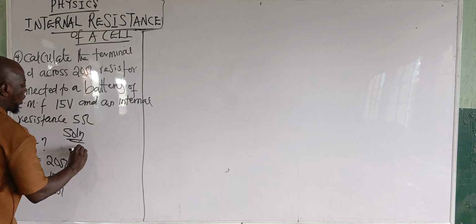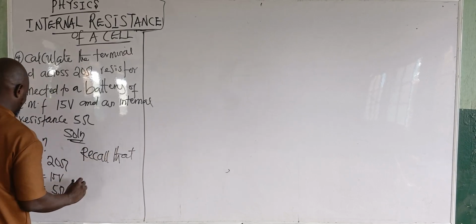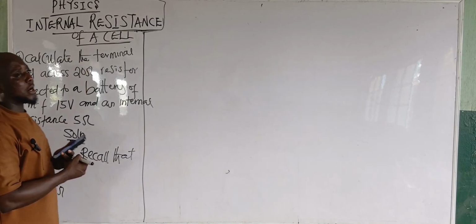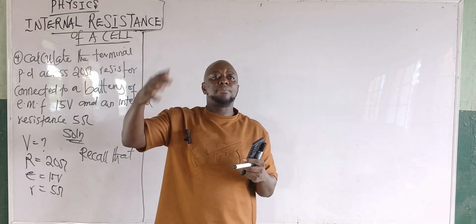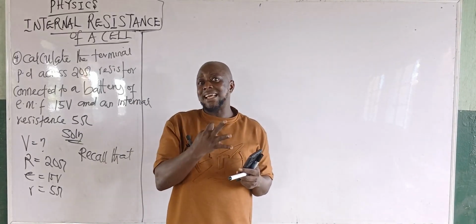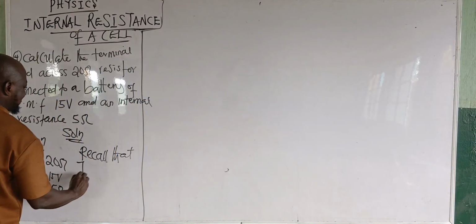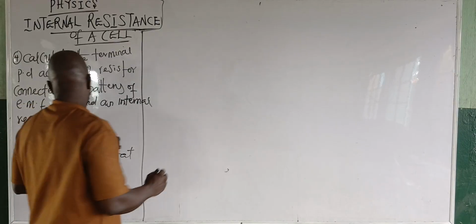It's simple. So what do we do? We say recall that since we are given this to calculate, I told you that anytime you want to calculate this, you use the current formula, the formula that has the relationship between electromotive force, resistor, and internal resistance, and then you now use Ohm's law and solve it. So we now know that this is it. This is the formula that has the relationship with all of those things I've mentioned.